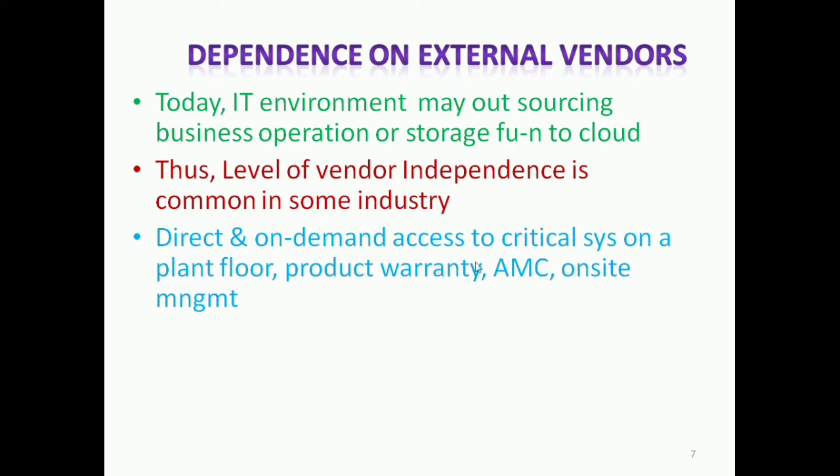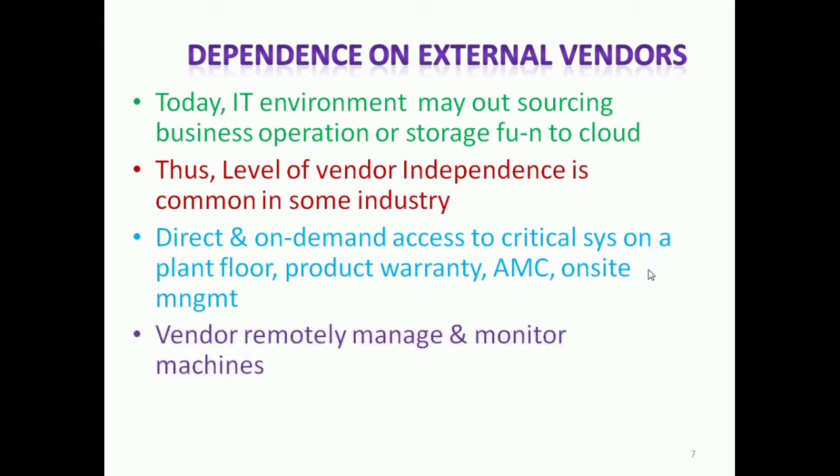There could be a product warranty, an AMC, on-site management. All those aspects tell about the dependency of industry people on vendors. Vendors remotely manage and monitor the machines, of course.